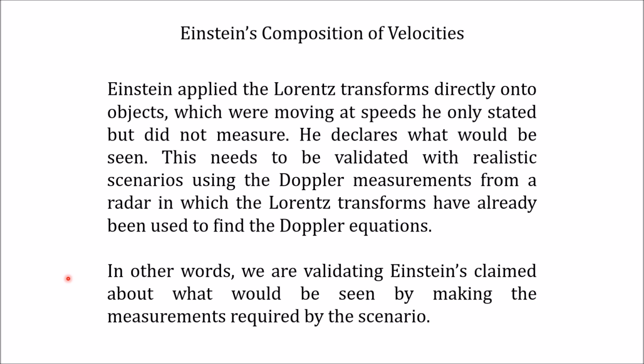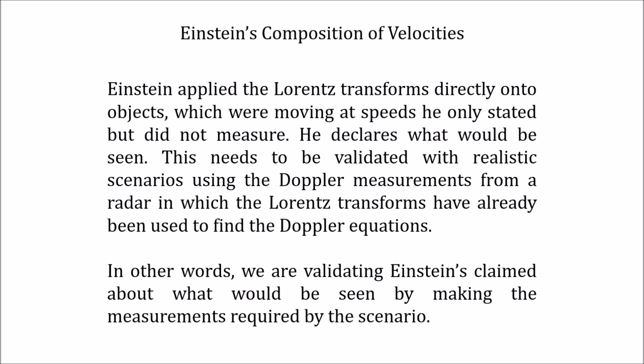So what we need to do is take a look at that, because he derived those straight from the Lorentz transforms in the kinematic part of his 1905 paper, and did not at all use electromagnetic radiation propagation as we've seen as we developed the equations in the last video, using simultaneity to show where the Doppler and the aberration expressions came from.